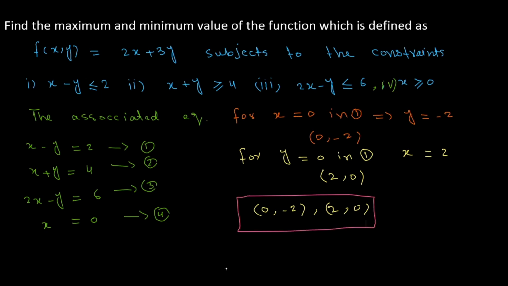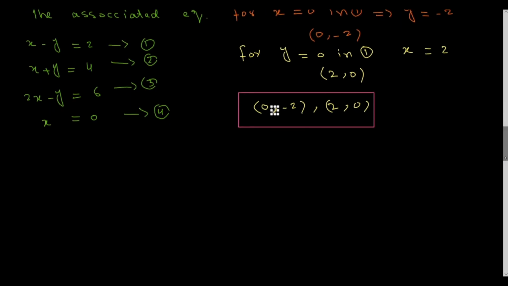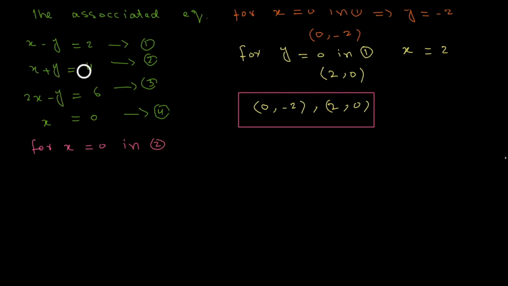Now we take the second line. For x equals 0 in equation 2, we get y equals 4, so our point is 0 comma 4.